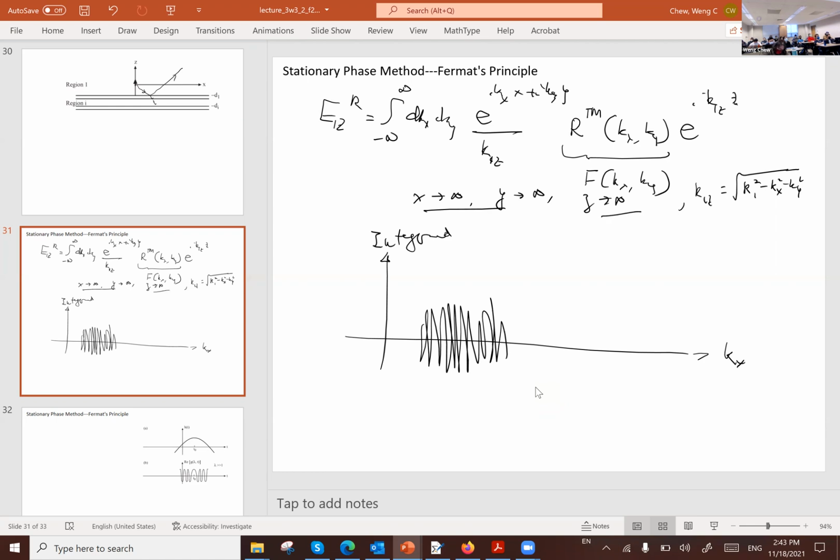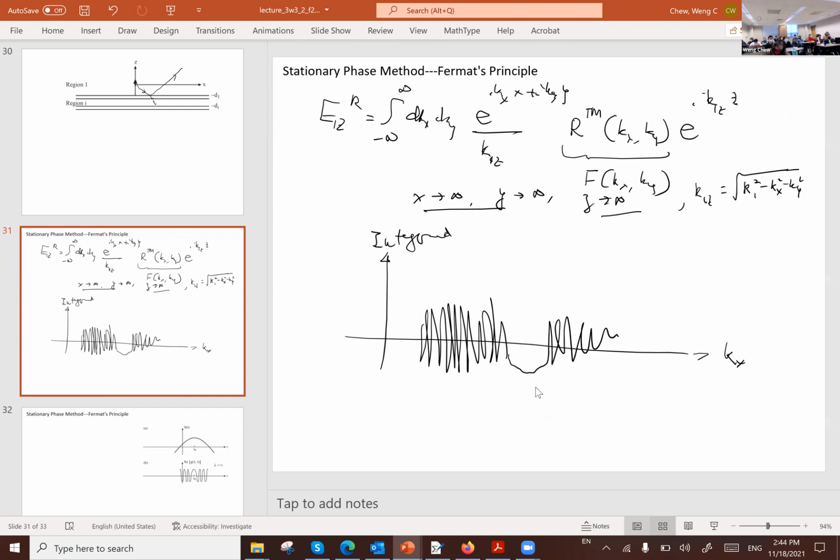Agree? It's going to be rapidly varying as a function of Kx or Ky, and so on, except for the case when the phase of the function is stationary. Stationary means that it has zero derivative.